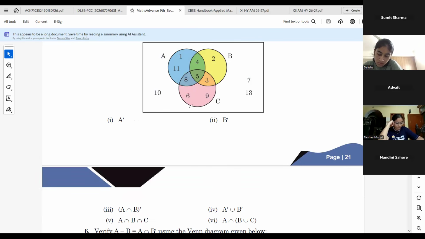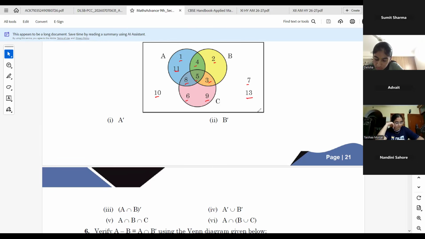If we talk about U here, it will contain all the elements here: 1, 2, 3, 4, 5, 6, 7, 8, 9, 10, 11, and I think 12 and 13. I think 12 is not there, 13 is there. So we have 1, 2, 3, 4, 5, 6, 7, then 8, 9, 10, 11. 12 is not there and 13 is there, right?